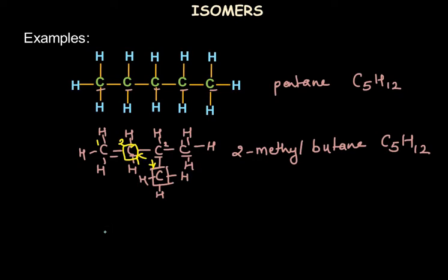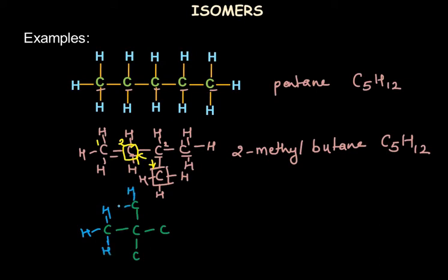Now let's try another isomer with 3 carbon atoms in the chain and 2 other carbon atoms in branches, one above and one at the bottom. Now let me add the hydrogen on the remaining bonds of each carbon atom.